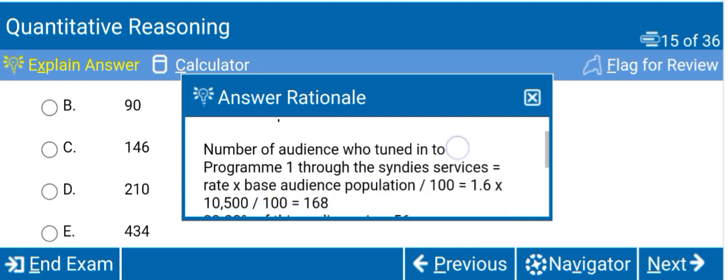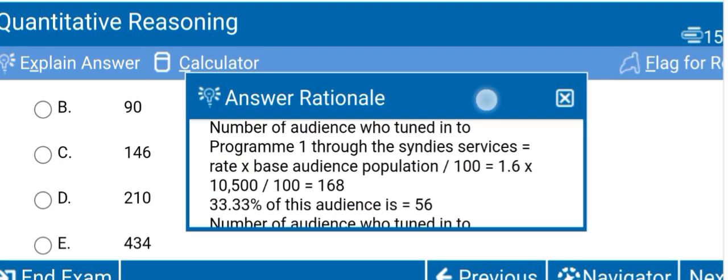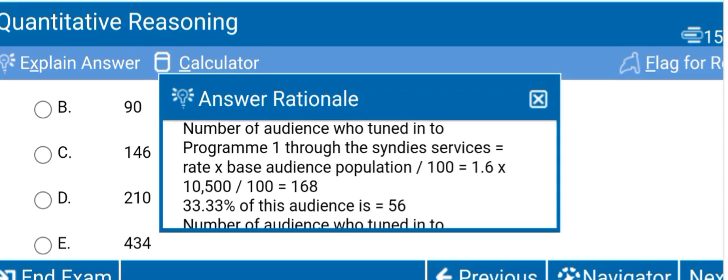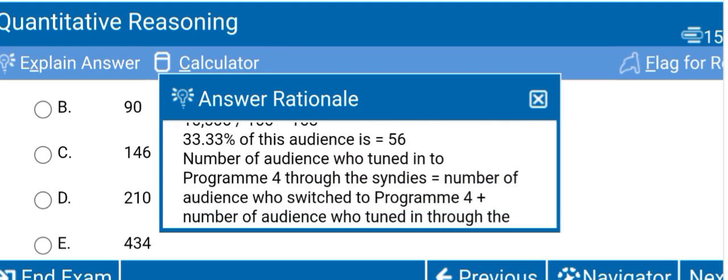So here we have a correct response is option C. Number of audience who tuned in to program 1 through the Cindy services equals rate multiplied by base audience population divided by 100 equals 1.6 multiplied by 10,500 divided by 100 equals 168. So then 33.33% of this audience equals 56.